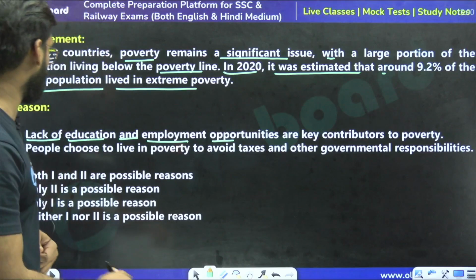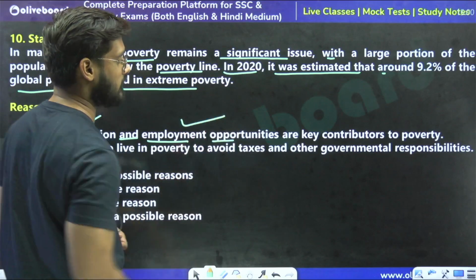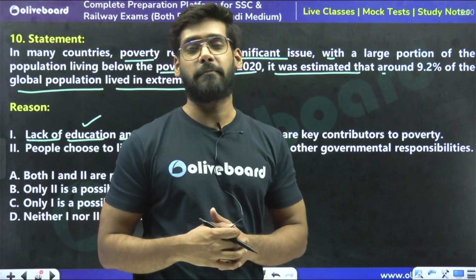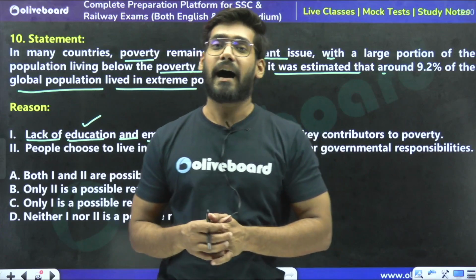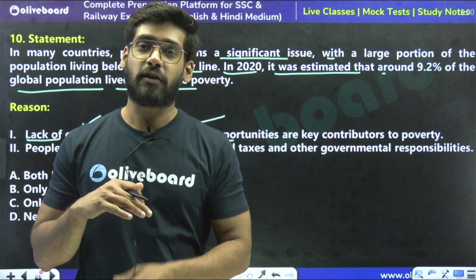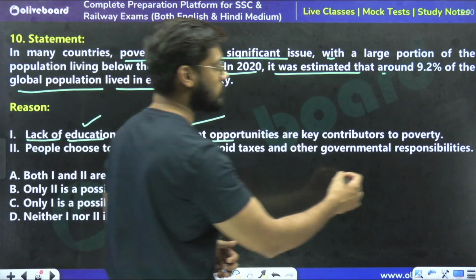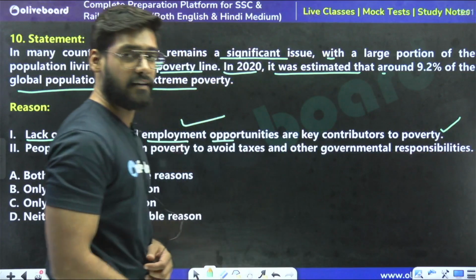So in reason 1, lack of education supports this statement, and employment opportunities. There are many persons who are educated but not employed because of the lack of employment opportunities. So that also contributes towards their poverty. Yes, this one is the right reason.